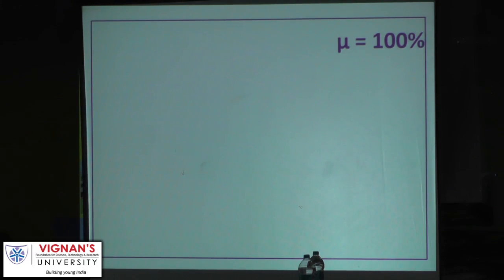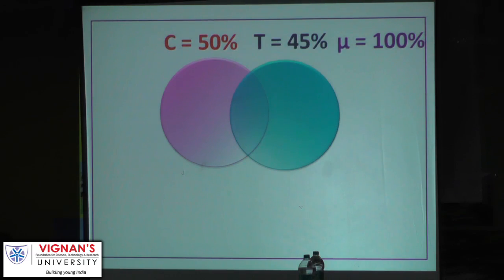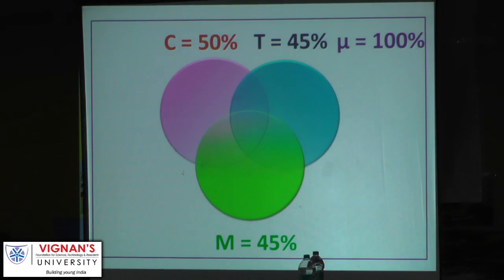Here our sample space is 100%, the total number of students. Now how many take coffee? 50%. How many take tea? 45. How many take milk? 45%. Now, what percent take all the three? 10 students do not take any of these three things.